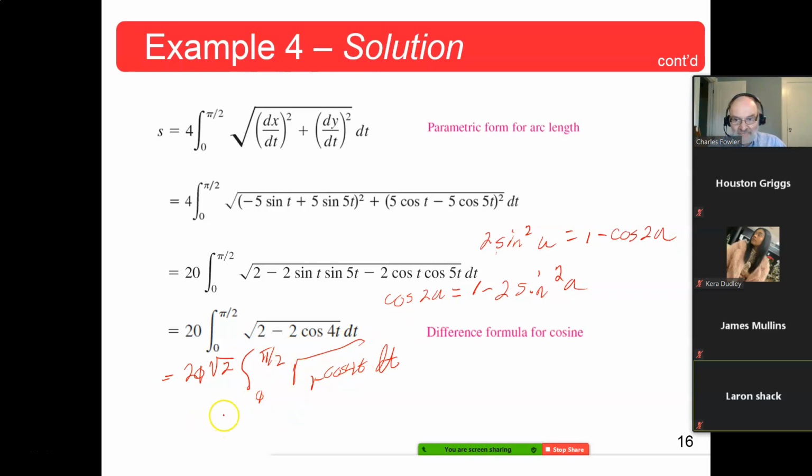Now what this produces is, I'm going to try to write it here, here's my 20 root 2 here. The integral from 0 to pi halves. Now, sorry. Let's make this 4t into 2u. Okay, sorry about that. So u is equal to 2t.